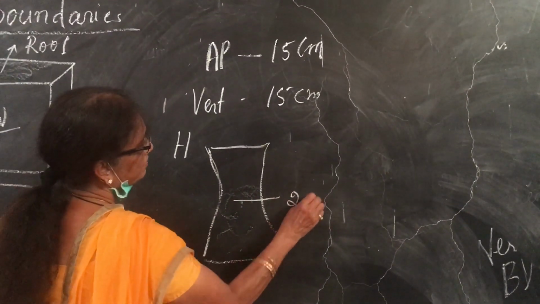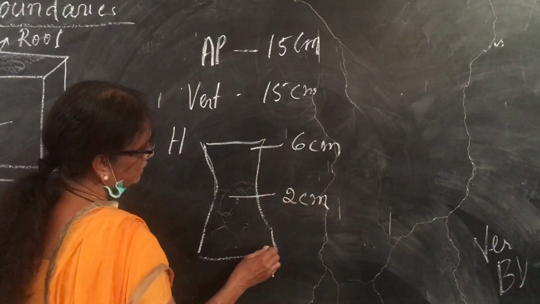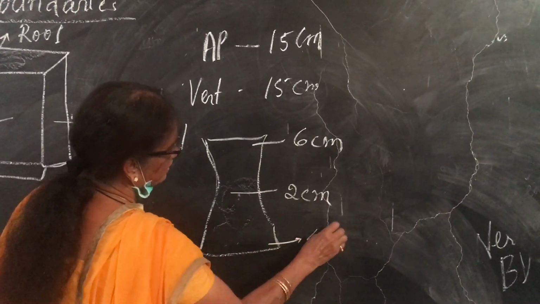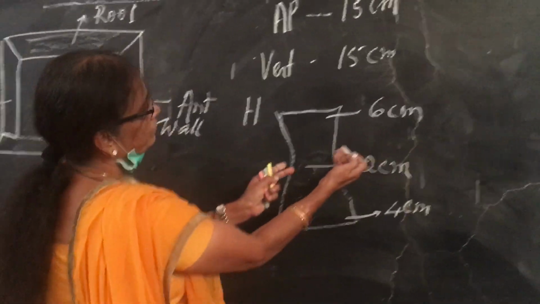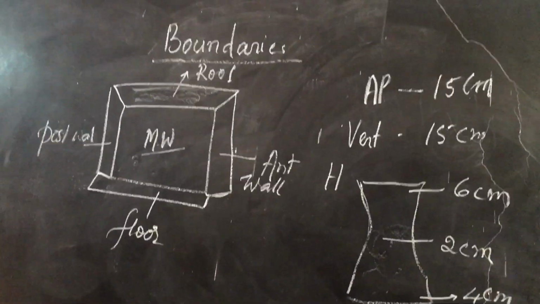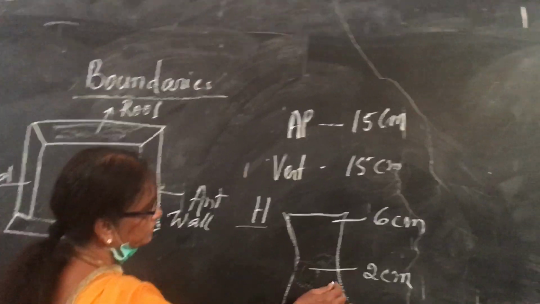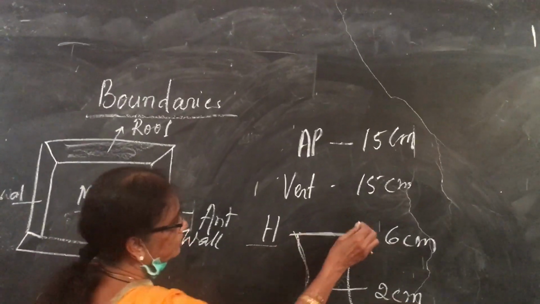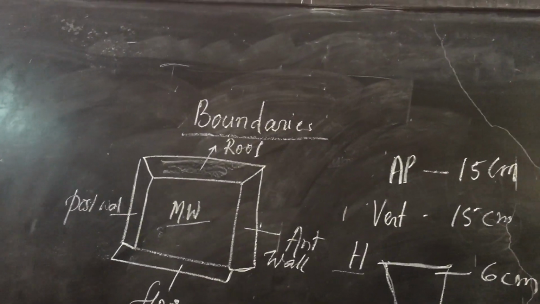It's about 2 centimeters, and above it is 6 centimeters, and below it is 4 centimeters. Because of the infolding of medial and lateral wall, the transverse diameter is reduced in the middle, about 6 centimeters, 4 centimeters and 2 centimeters.